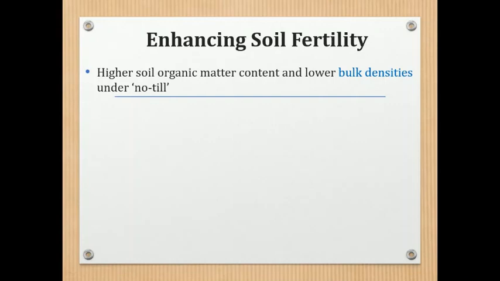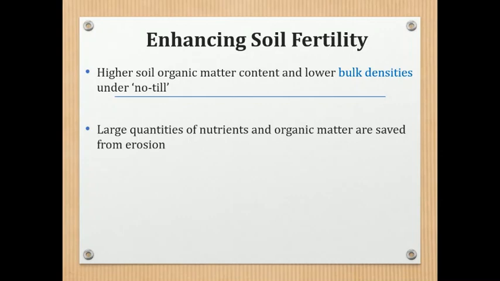The third feature of the no-till system is it enhances soil fertility. Soil organic matter contents are usually higher and bulk densities are lower under no-till than under conventional tillage systems.